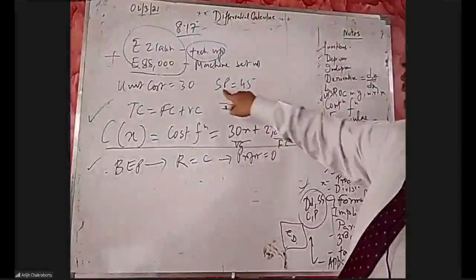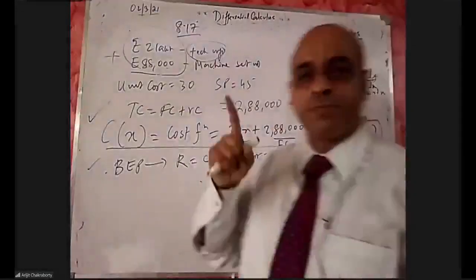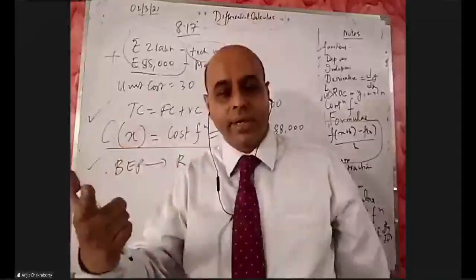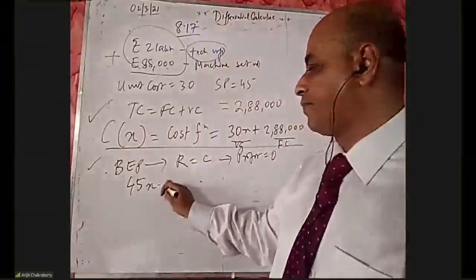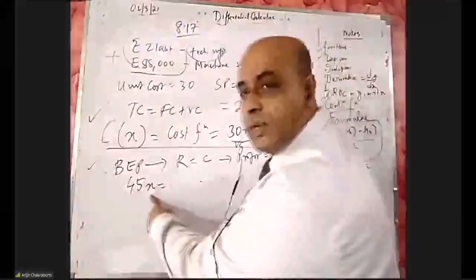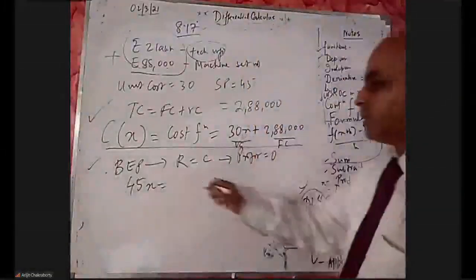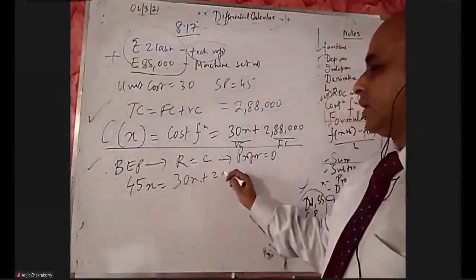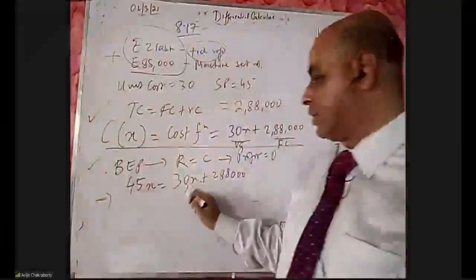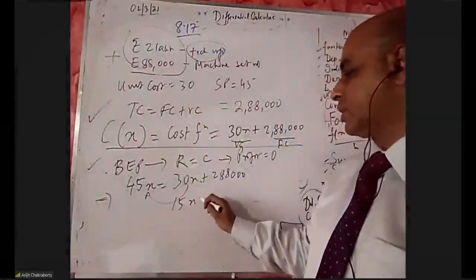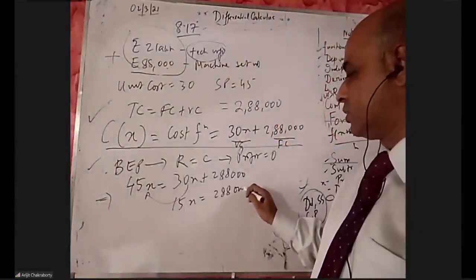So if my selling price is 45 rupees per unit, and if I'm selling X units, my total revenue is 45X. And for X units, my total cost is this, 30X plus 2,88,000. So from this, I can solve for X. 30X comes here. So I get 15X is equal to 2,88,000.